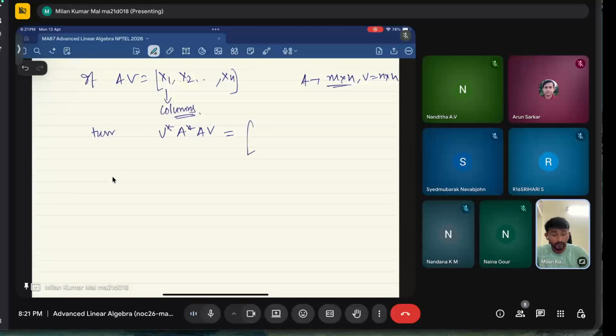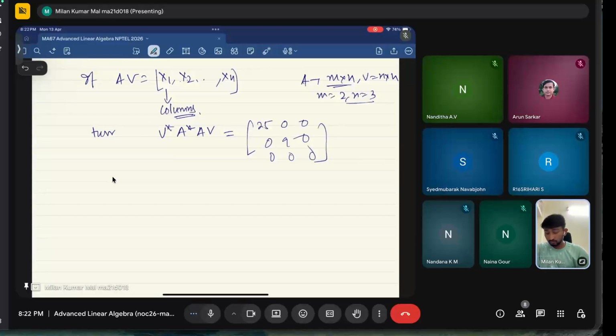V is right now n by n. Here m is equal to 2 and n is equal to 3. So therefore this will be a 3 by 3 matrix. So this will be like 25, D star D, 25 0, a 3 by 3 matrix, 0 0. This is what it is going to be.